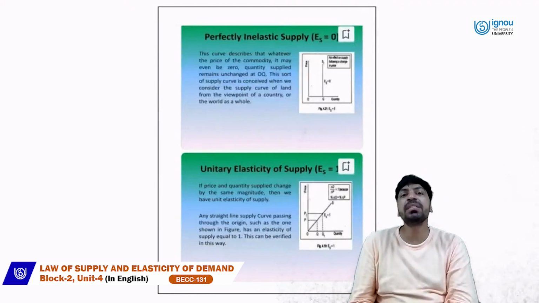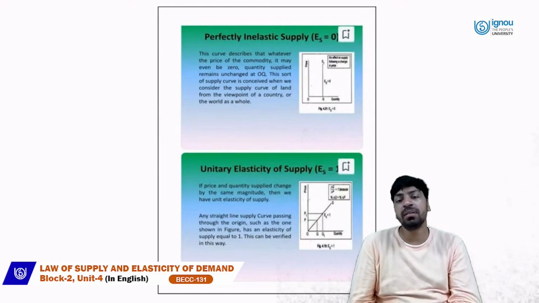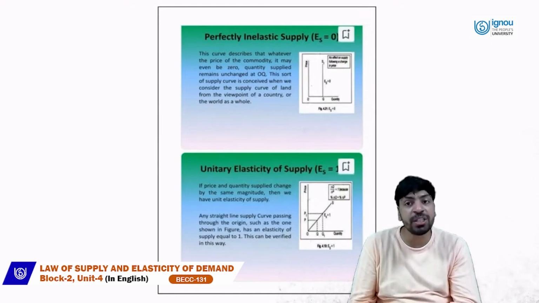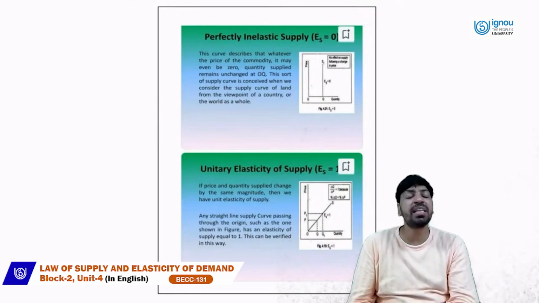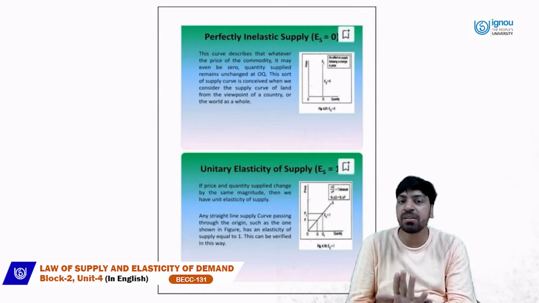The next one is perfectly inelastic supply, which is equal to zero. When we talk about the vertical shape, the quantity supplied remains unchanged whether the price increases or decreases.